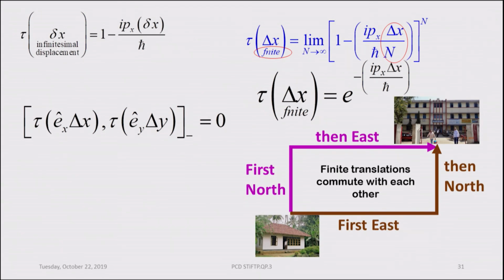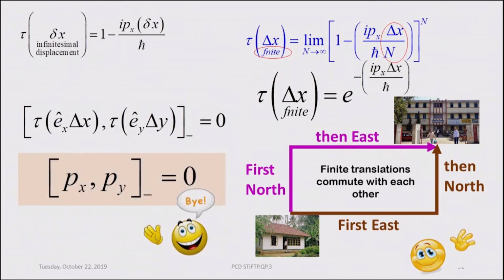So, if you are going from home to your school, it does not matter if you first go east and then north, or you first go north and then east. So, these two commute. And as a result of this, the linear momentum operators commute with each other, but they do not commute with the measurement of position itself.